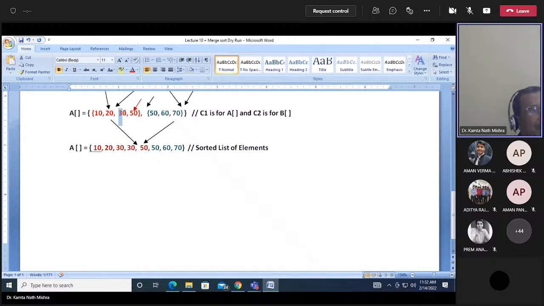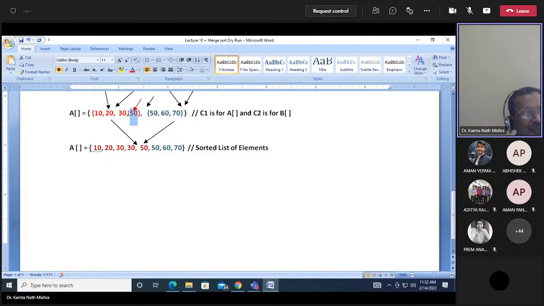Now A2 will be compared with whom? Again B0. So who is smaller? A2. So store A2 at the place of C2. And now increase the value of A2 by 1. Now A3 will be compared with B0. So who is smaller?